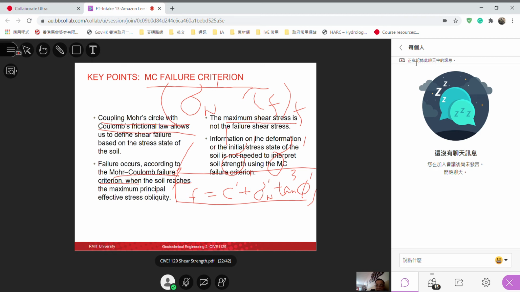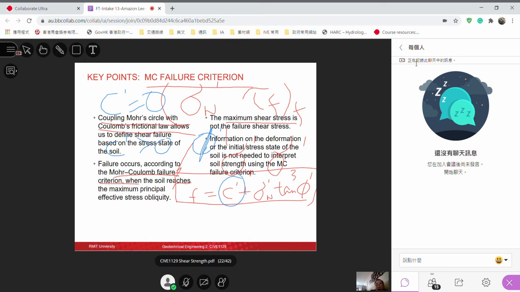One is the cohesion intercept. For granular soil, the cohesion intercept is equal to 0. For cohesive soil, fine-grained soil, the clayey soil, the cohesion intercept is larger than 0. And another soil parameter is the angle of friction.